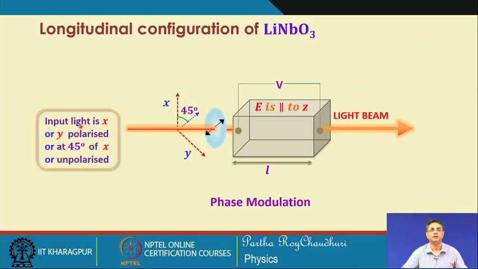So, input light is x or y polarized or at 45 degree or any polarization, that polarization will give you a phase modulated light, we will see that.